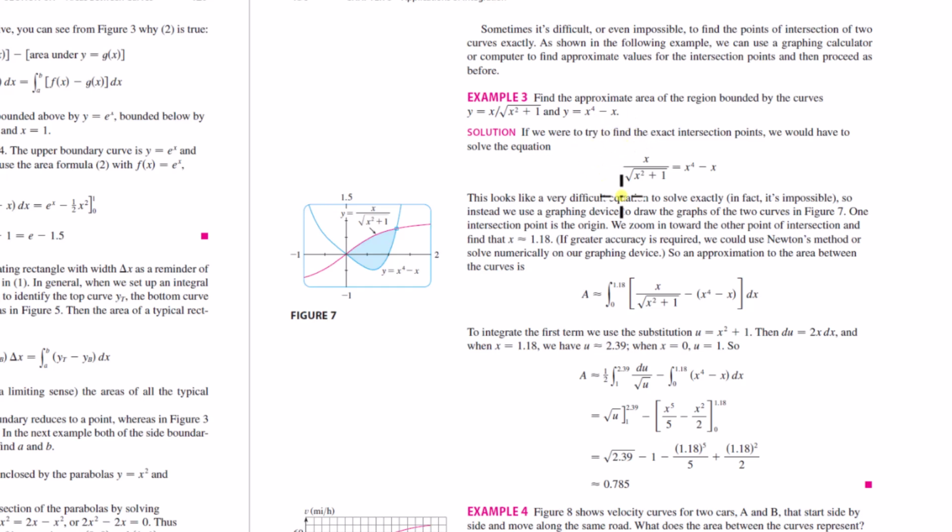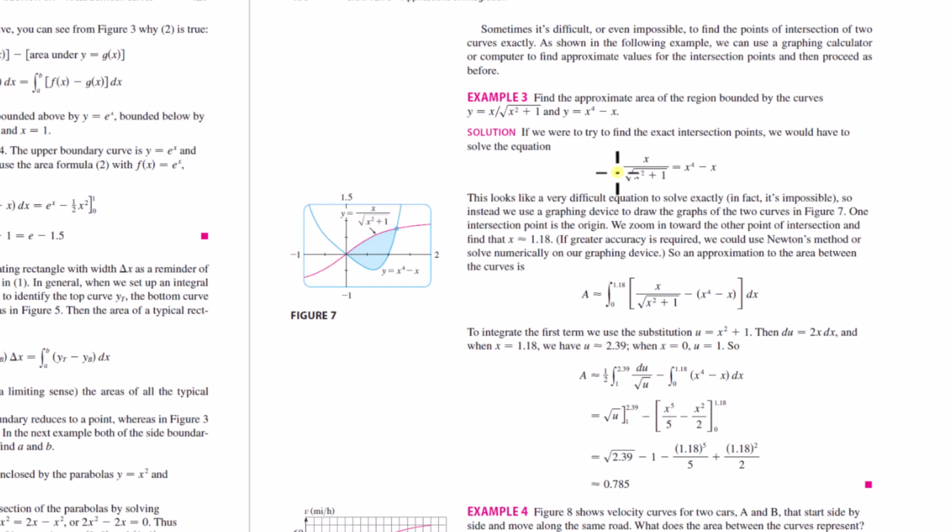And this happens to turn out to be an equation that it says it's actually impossible to solve exactly. But what they talk about is that you can use graphing software like Desmos, or your calculator, to get an approximation for these points of intersection. You can also use numerical methods. This is the kind of thing we're going to talk about in numerical methods.